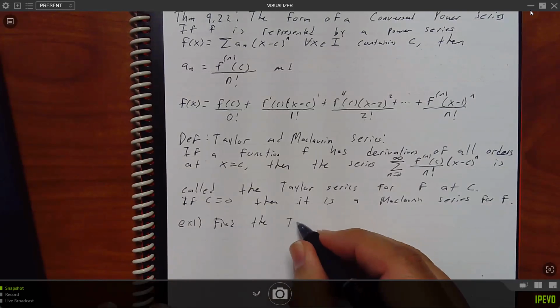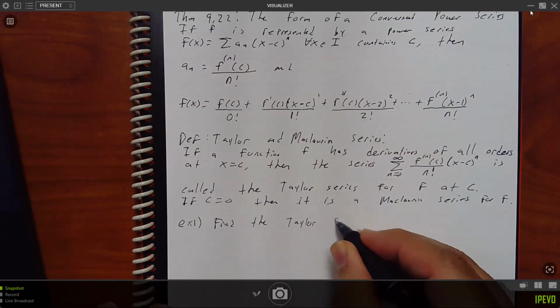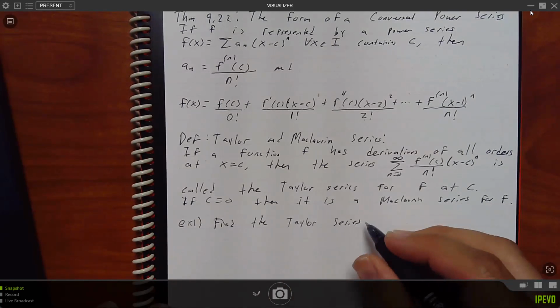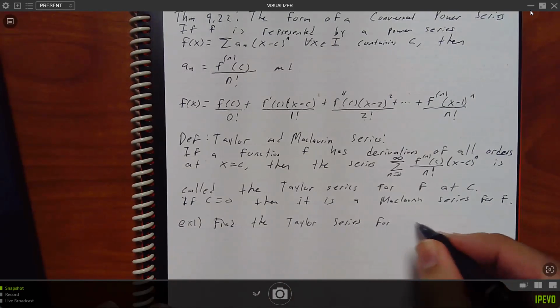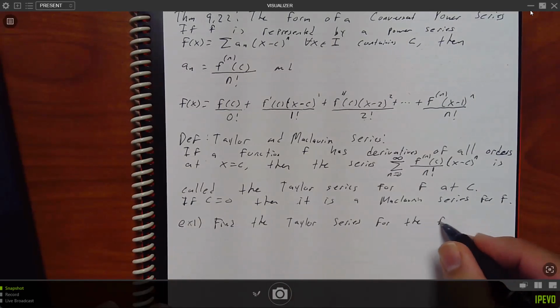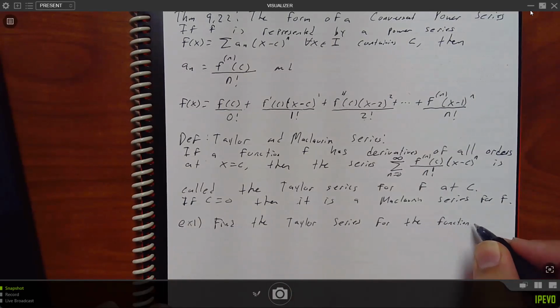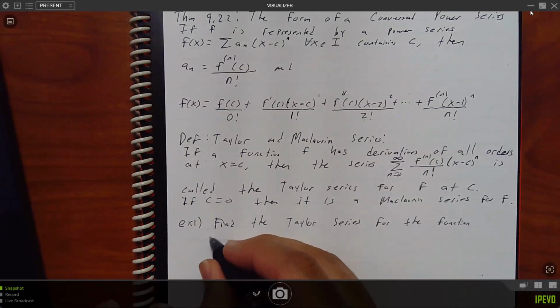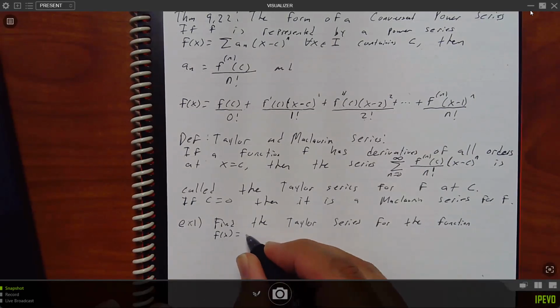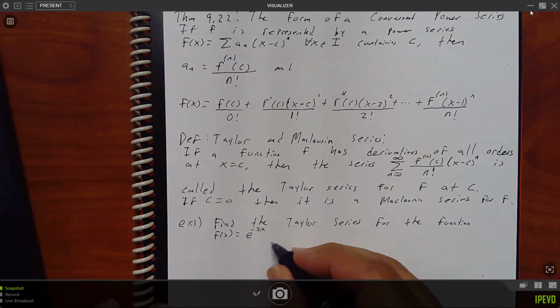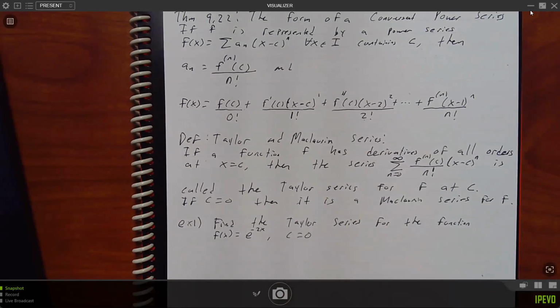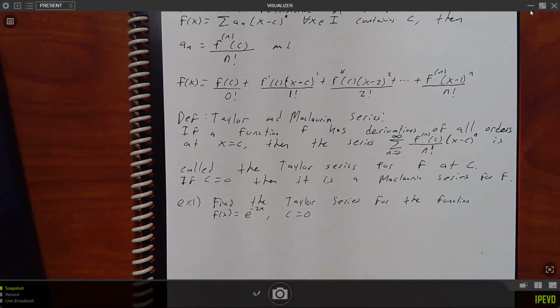Find the Taylor series for the function f of x equals e to the negative 2x centered at 0. So it's technically a Maclaurin series, right? It's okay.